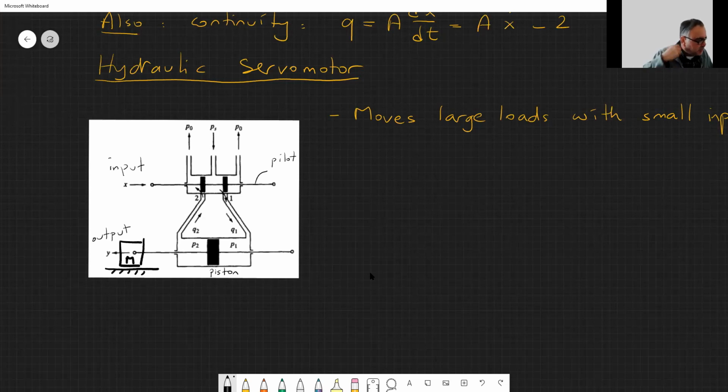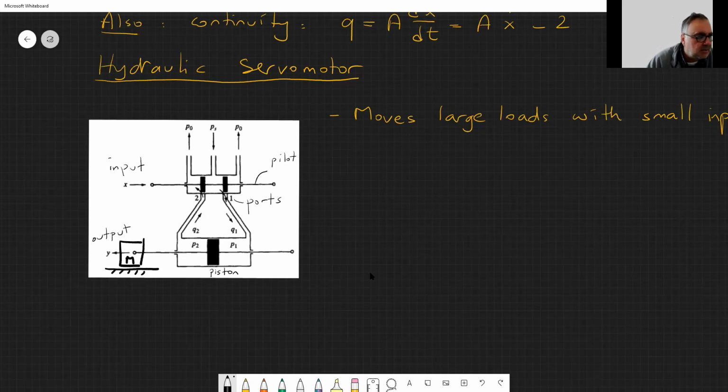This thing is called the pilot piston or pilot valve, and there are the ports. These, 1 and 2, are the so-called ports. Okay. So what does this thing do?